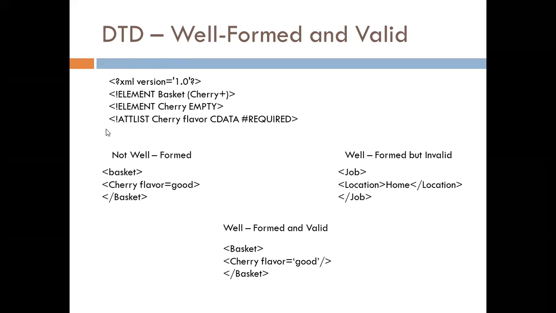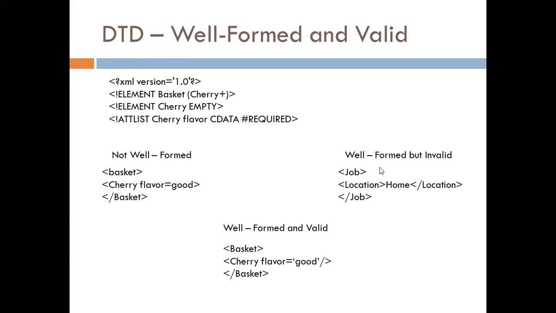So based on this DTD, if we look at the XML file, we have a basket, we have a cherry, and we have a flavor. That is good. But if you observe, this flavor is character data. If it is character data, it has to be in quotes. So if quotes are missing, then it becomes invalid. Or in other words, we also call it not well formed.